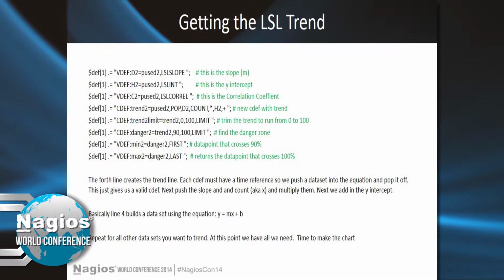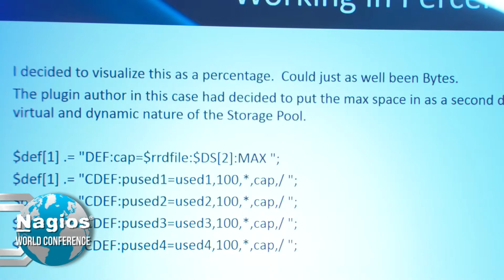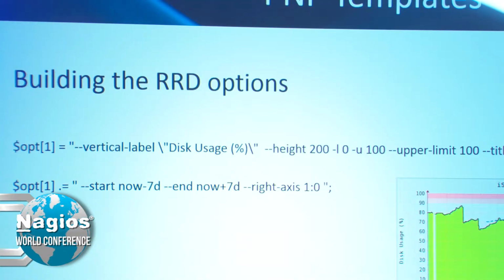So now what have we got? We've got D2, the slope, and the position that it's in. We take the slope, multiply by the count, and then add in the y-intercept. I just want to go back to a picture.